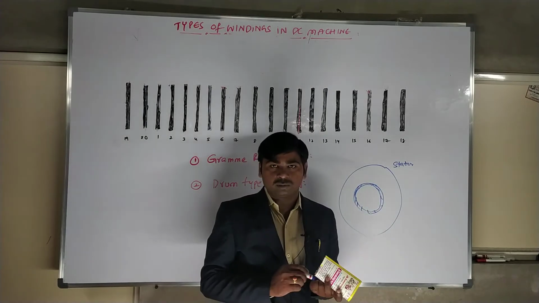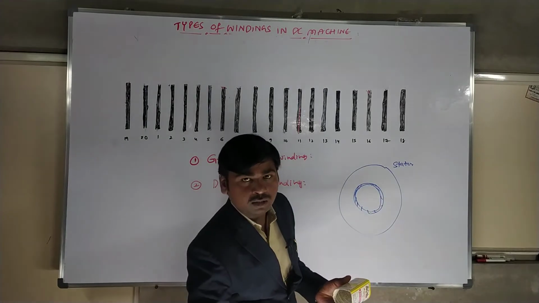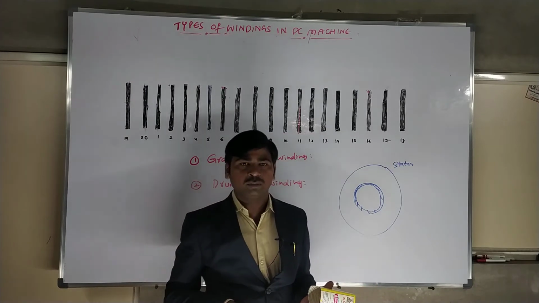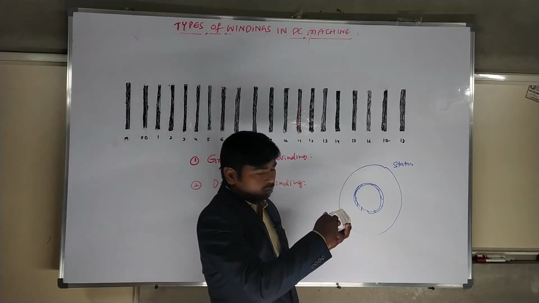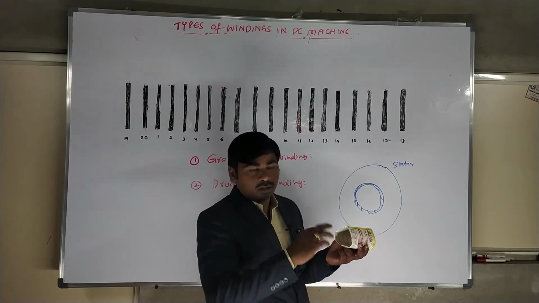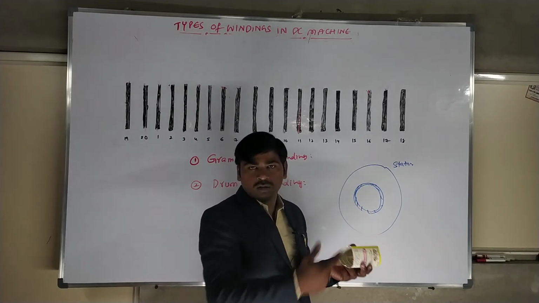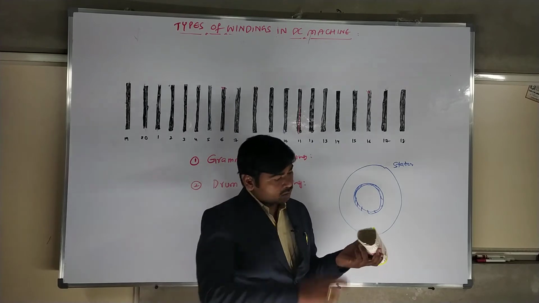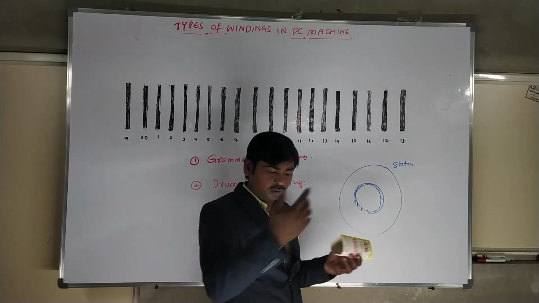How should the winding take place in the rotor? In the case of a Gramme ring winding, the winding should go inside, come out like this, then go inside again and come out. The slots should be both inside and outside.